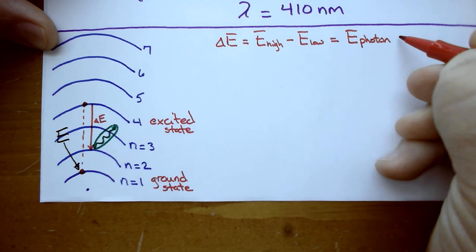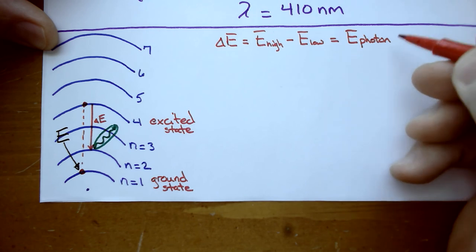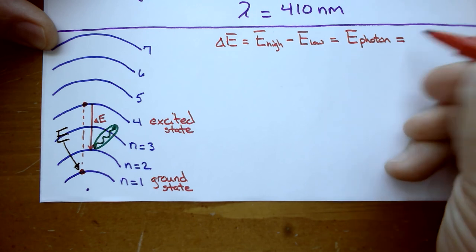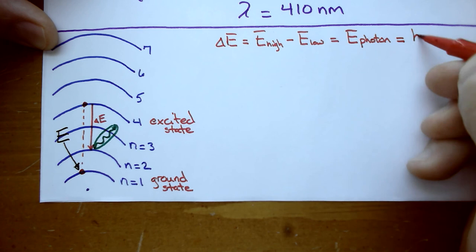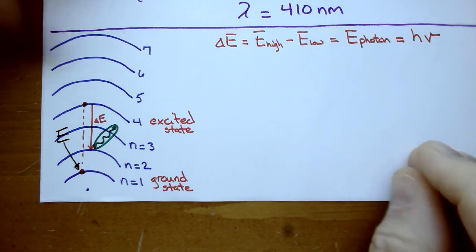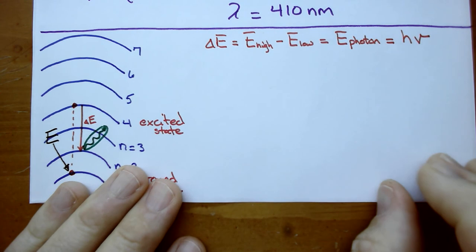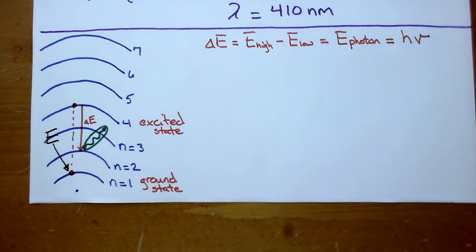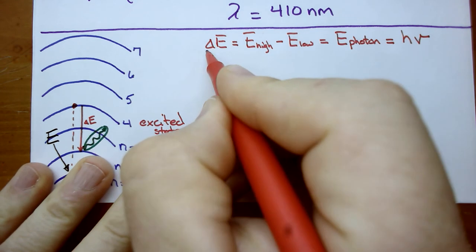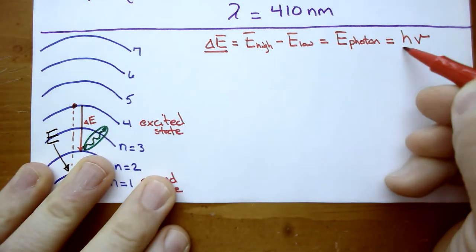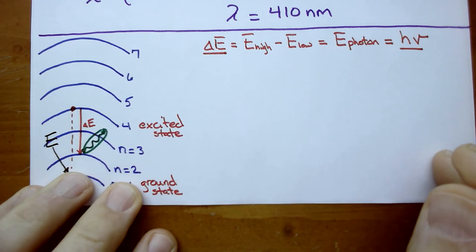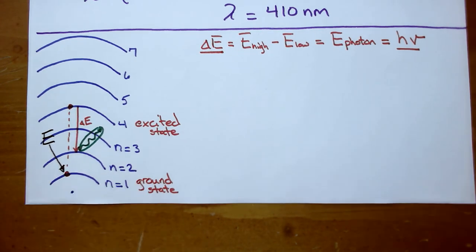Well, we also know from Einstein's equation that the energy of a photon is equal to Planck's constant times frequency. So here we have that equation. And if you recognize it, we can say that the change in energy is equal to h times frequency, or Planck's constant times frequency.